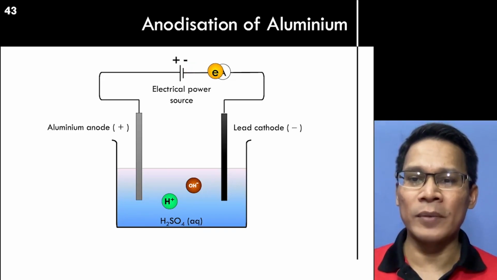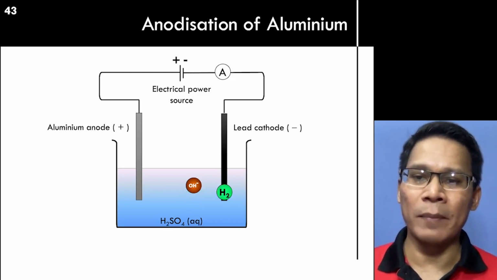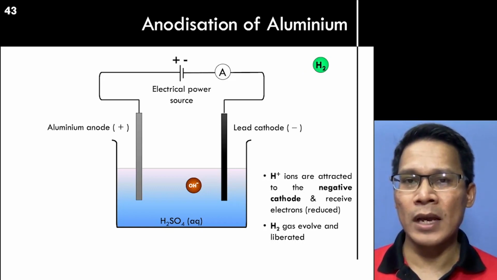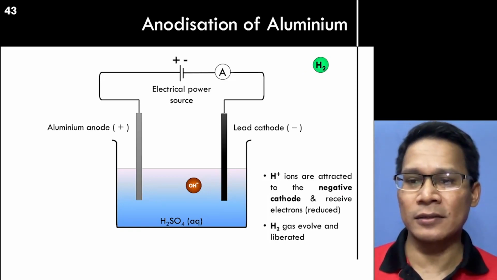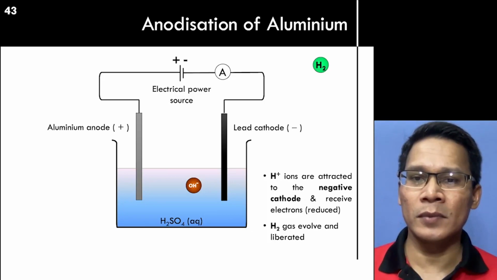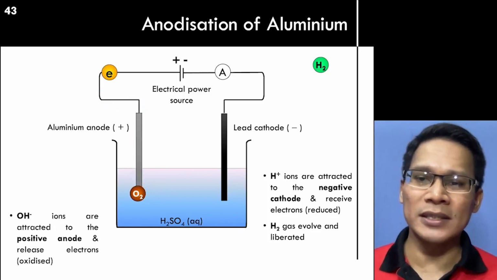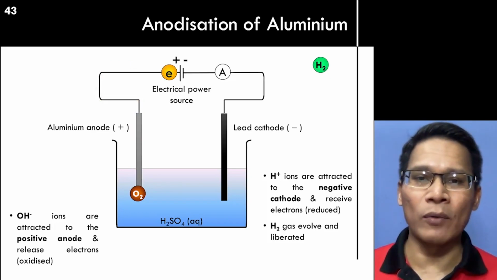Hydrogen ion from the electrolyte is attracted to the lead cathode and undergoes reduction by receiving electrons from the power supply. Hydrogen ions are reduced to form hydrogen gas. The hydroxide ions are attracted to the aluminium anode and undergo oxidation by releasing electrons, which return to the power supply.